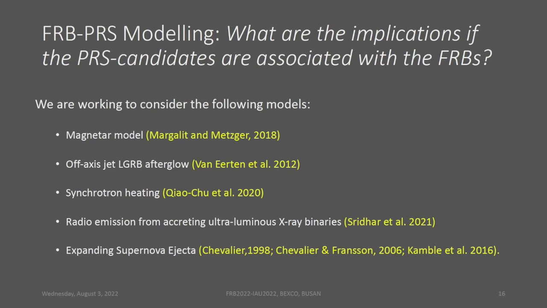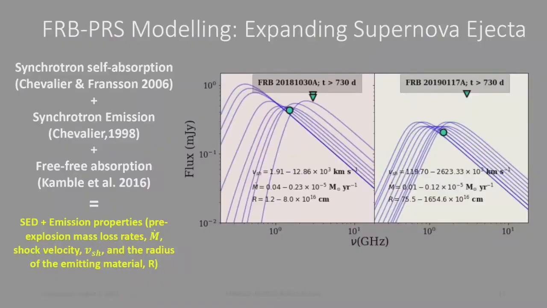But I want to discuss the last one, the expanding supernova ejecta case. In particular, we used an analytical solution to model the synchrotron self-absorption combined with synchrotron emission and free-free absorption to produce spectral energy distributions and, of course, their energetics, in particular the pre-explosion mass loss rates, the shock velocity, and the radius of the emitting material.